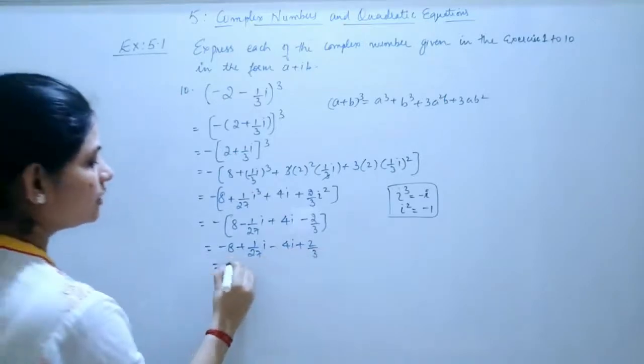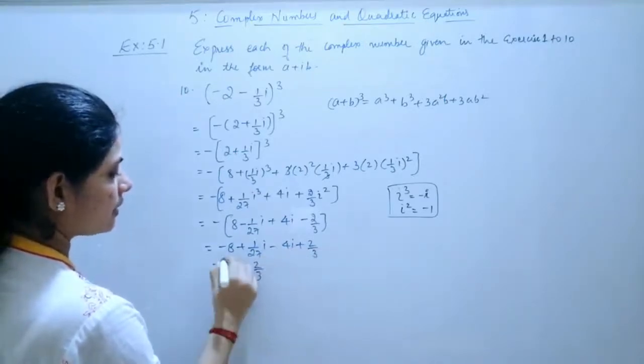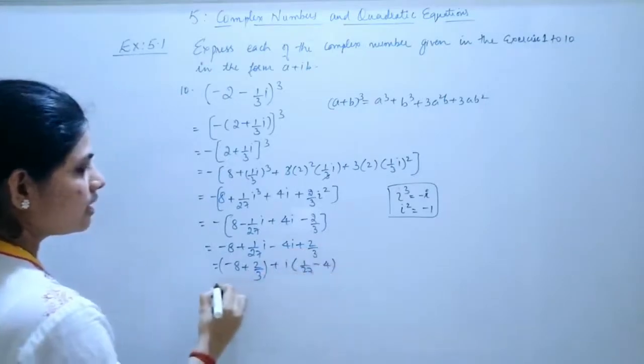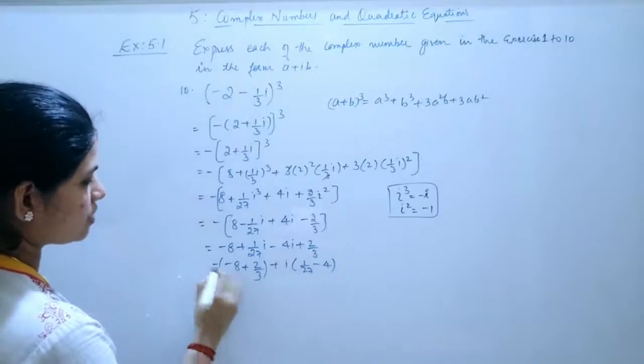Okay, now collect the real and imaginary part separately. This is real part, i into 1/27 minus 4, okay, this is imaginary part.